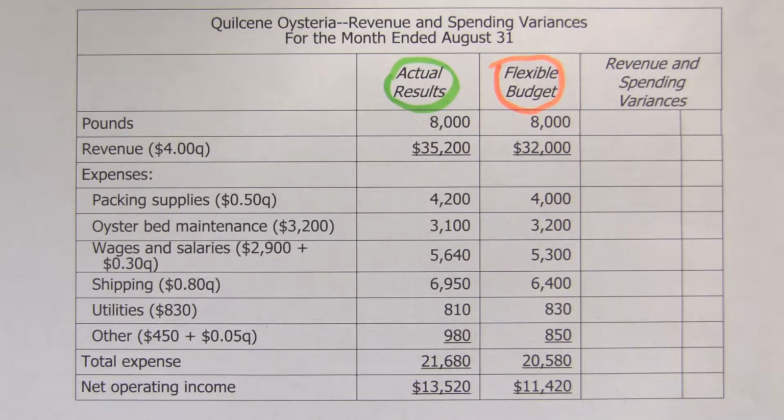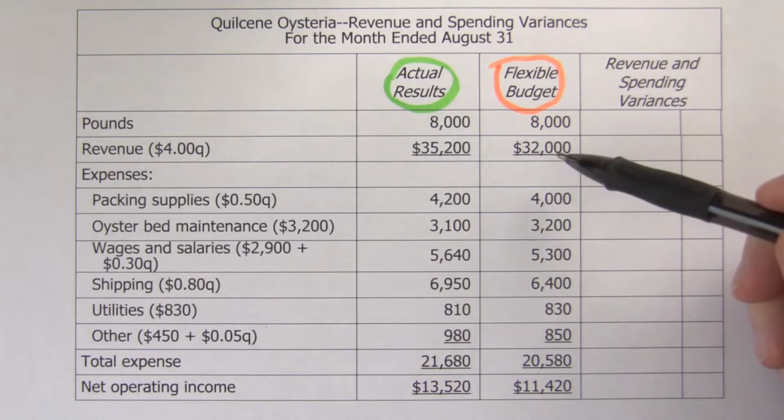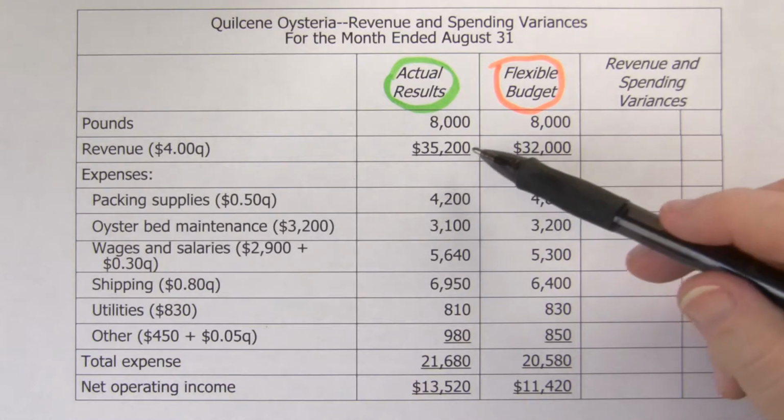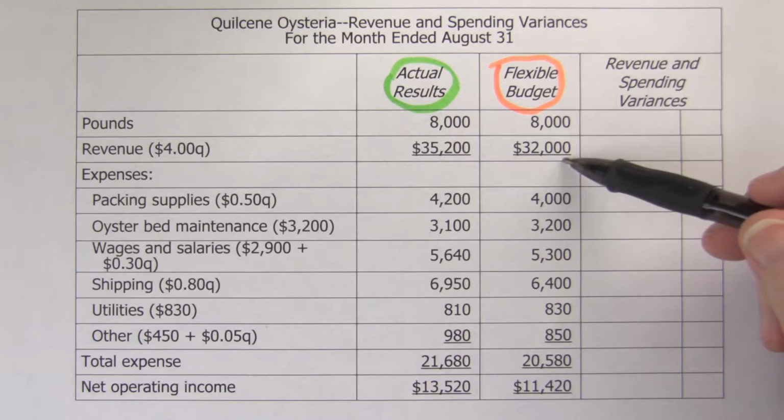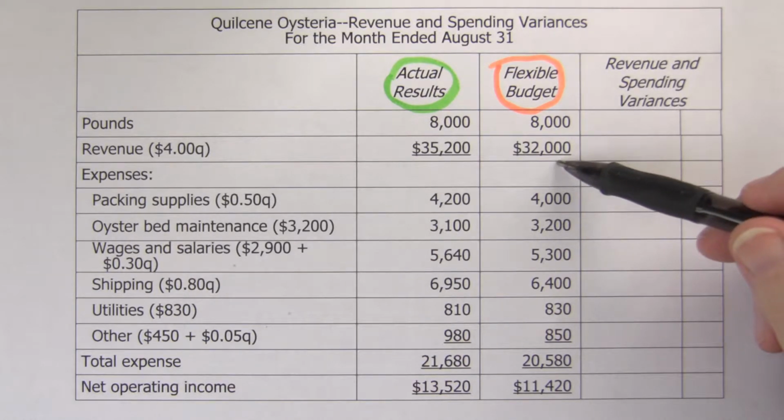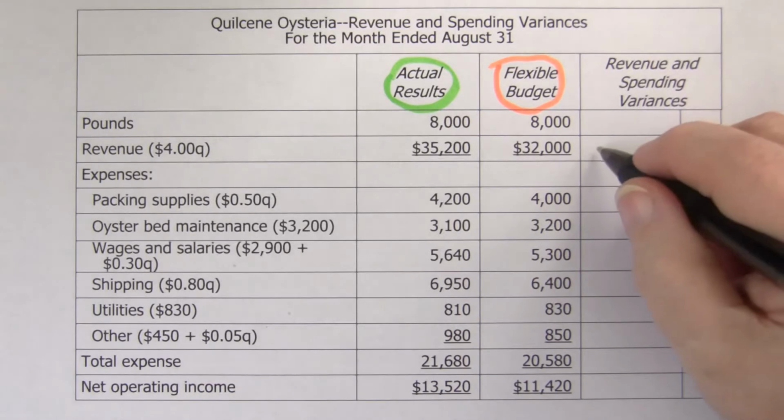This is the variance where we look at our actual results and compare them to the flexed budget numbers. In other words, we've expanded or contracted our budget numbers to what we thought they should be. So our revenue was $35,200. We'd expected it to be $32,000, so that's an increase of $3,200.